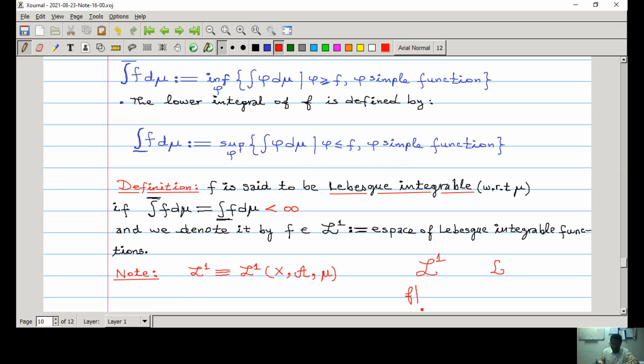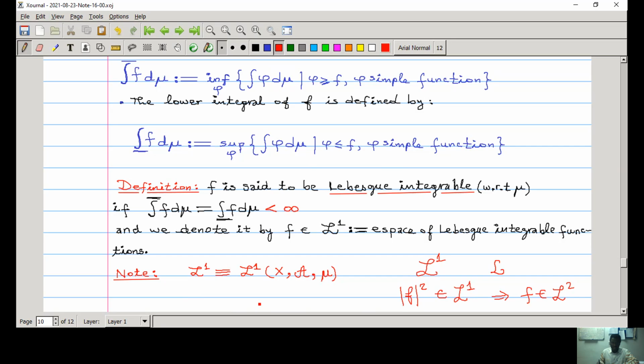If it's square integrable, so if the absolute value of f squared is Lebesgue integrable, we will denote it by f is an element of L2 to indicate that f is square integrable, right? That is, the square of f is integrable, is in L1.